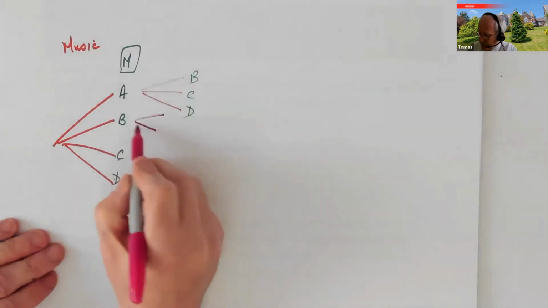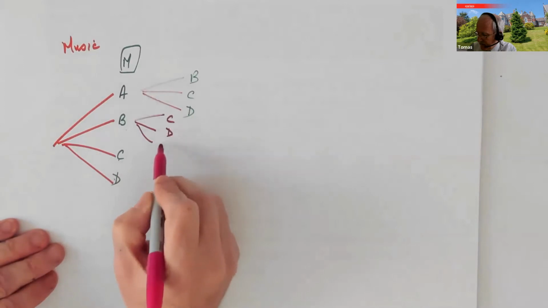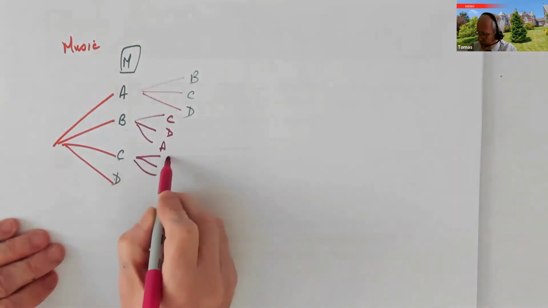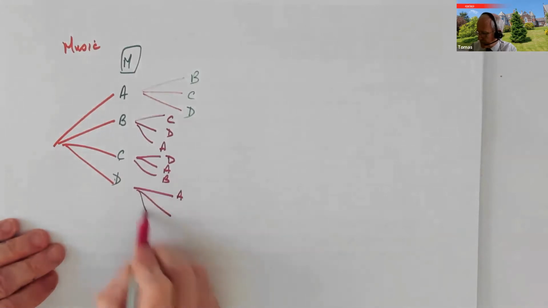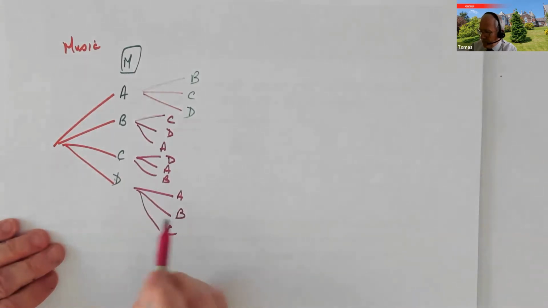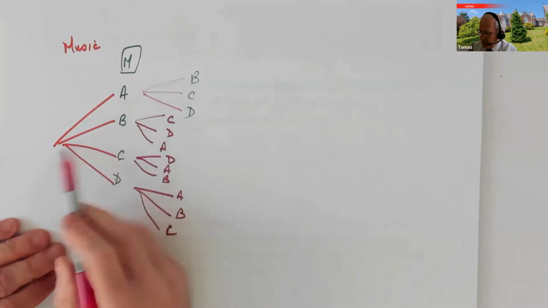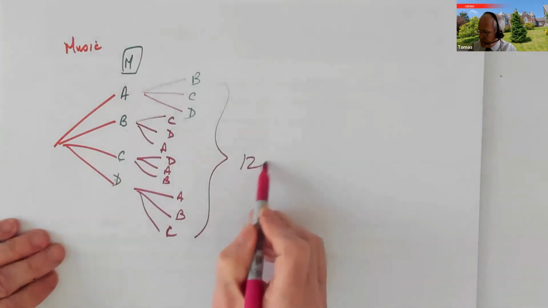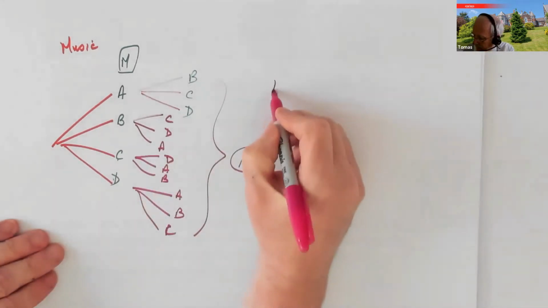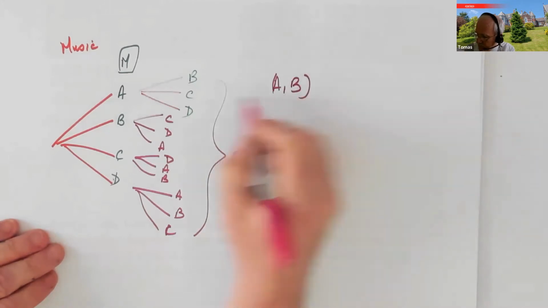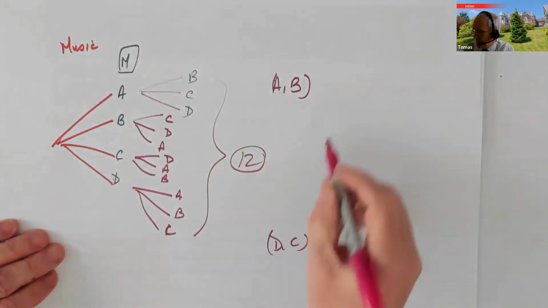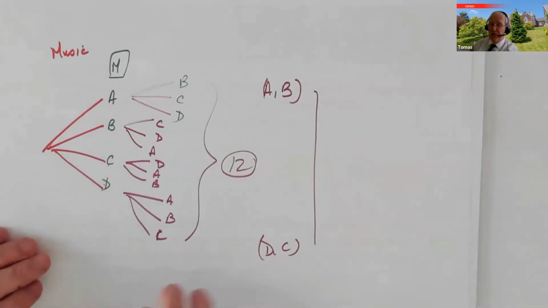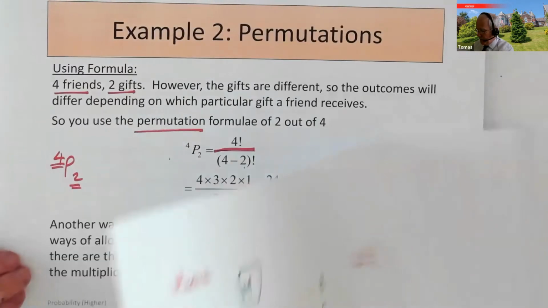So this would be C, D, A, and this would be D, A, B, and this would be A, B, C. So I've got 12 options in total, from AB on the top, this route, to DC on the bottom, the 12. That's another way of doing it. You could do it by the tree if you wanted.